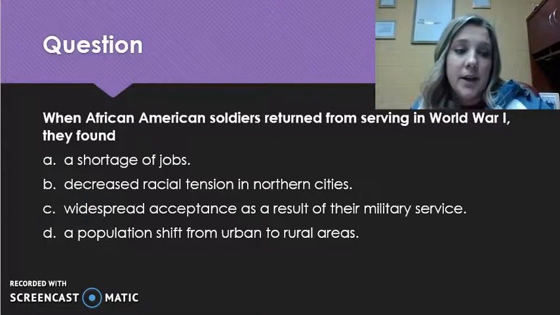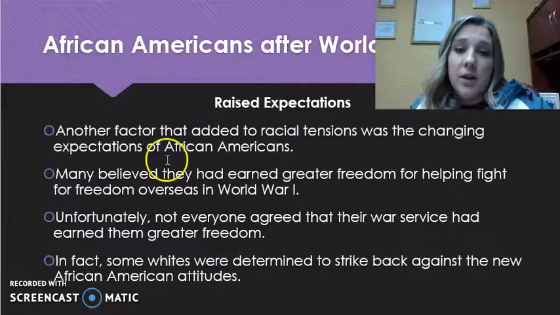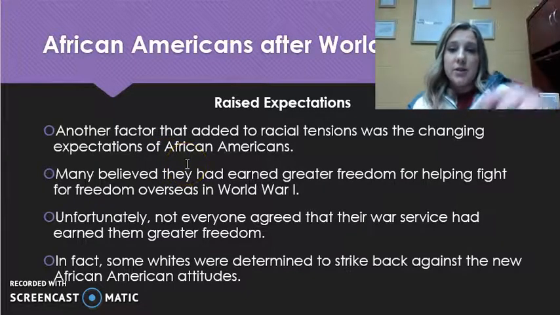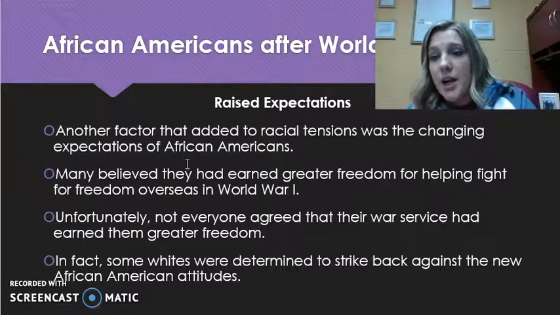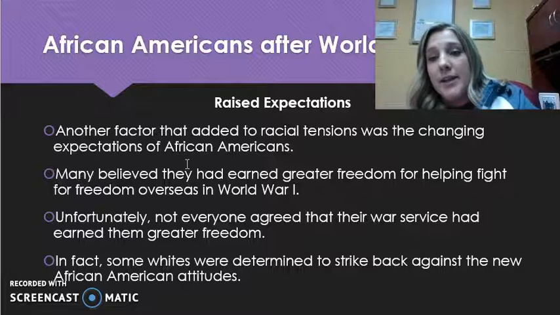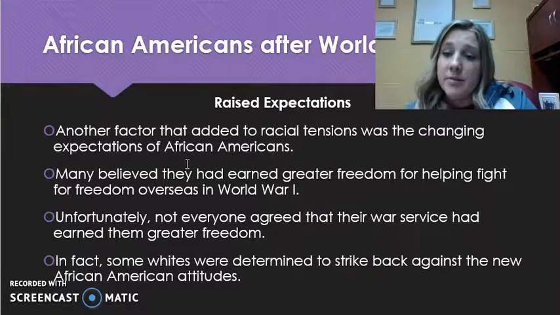Okay, flip back over. We are going to go through the expectations of African Americans after World War I. A lot of African Americans believed that they had volunteered their service during World War I and that they had earned greater freedom for helping that fight.